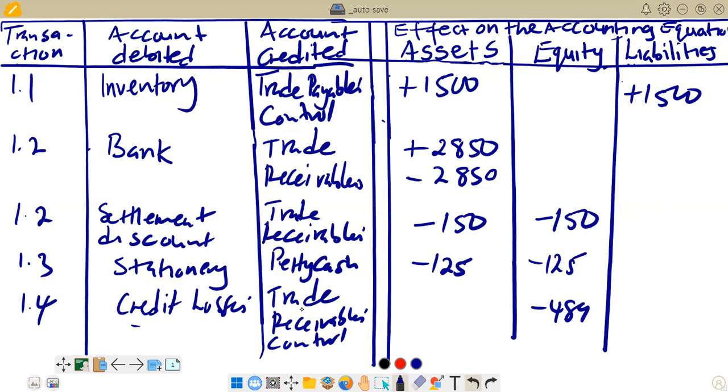And when we credit trade receivables, and remember, trade receivables is an asset, we are reducing. So we are seeing also a reduction of 489 on the assets part. So this is what we have in question one. We can move on to question two.